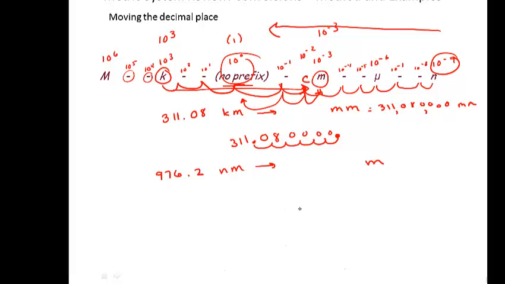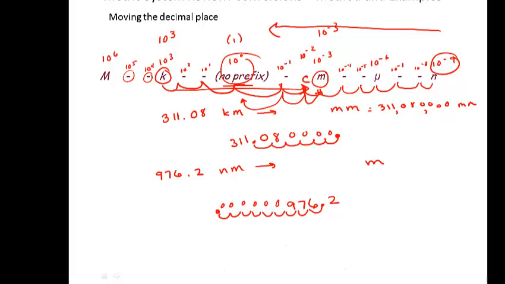So I'm going to rewrite that down here, 976.2. Here's my decimal place. I'm going to move it 9 to the left. 1, 2, 3, 4, 5, 6, 7, 8, 9. Put my decimal place there and fill in those blank spaces with zeros.